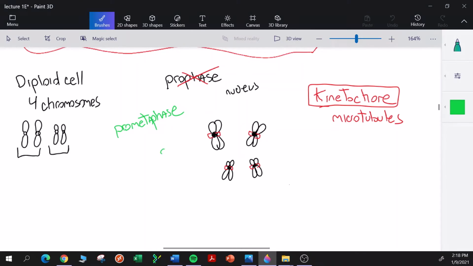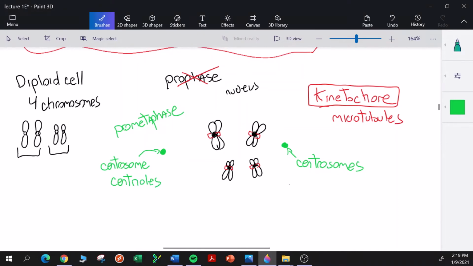Now, outside of where the nuclear membrane was, once that's gone, just outside, on opposite sides of the nucleus, there's going to be a region where we will find centrosomes. So two centrosomes. Now the centrosomes contain these organelles called centrioles.